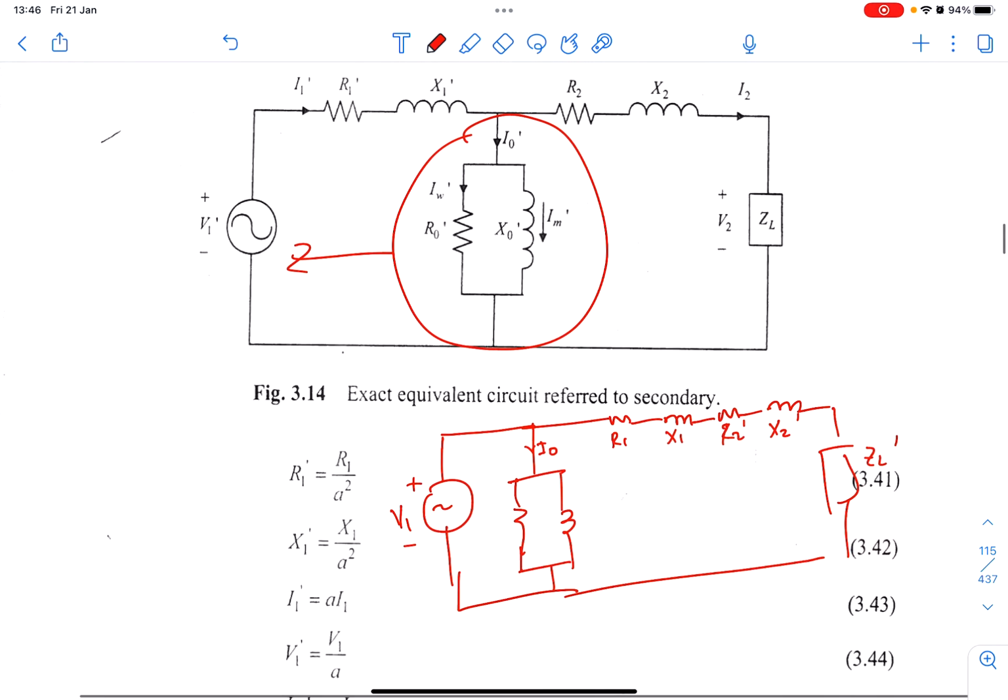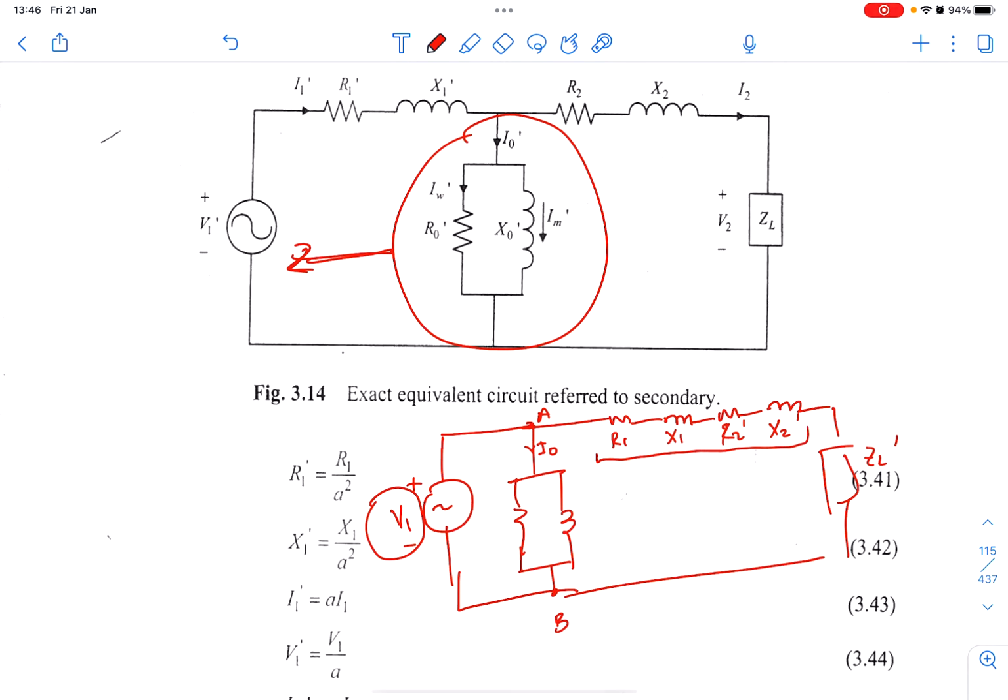So it mentioned earlier that the voltage drop across point A to point B is equivalent to the source voltage. So it is like this one is shifted to the left, and then R1, X1, R2 and X2 are in series.